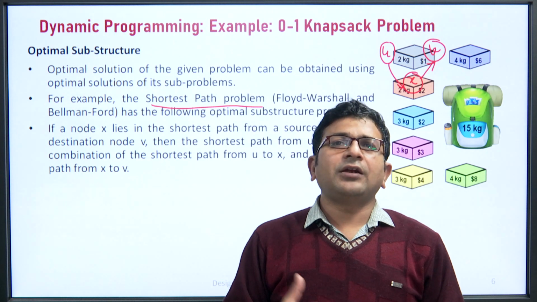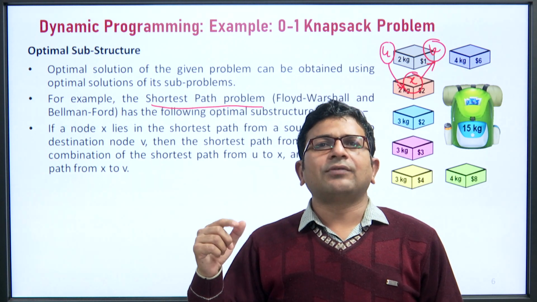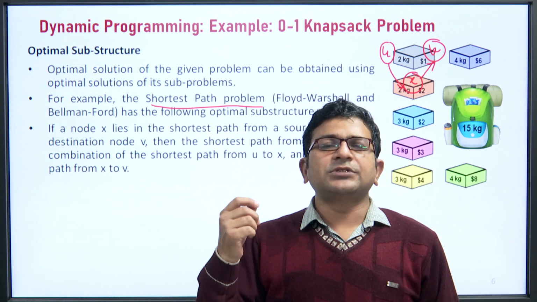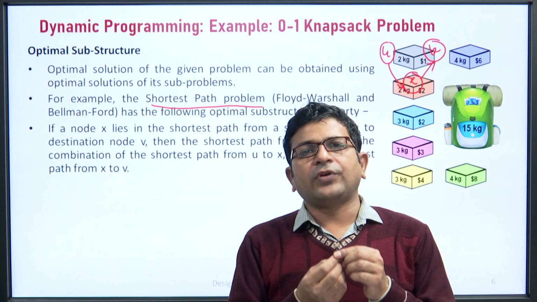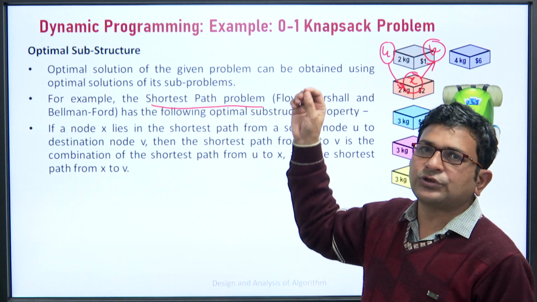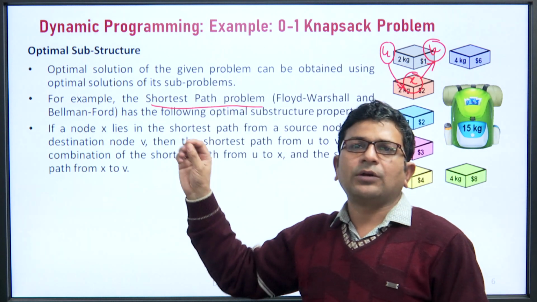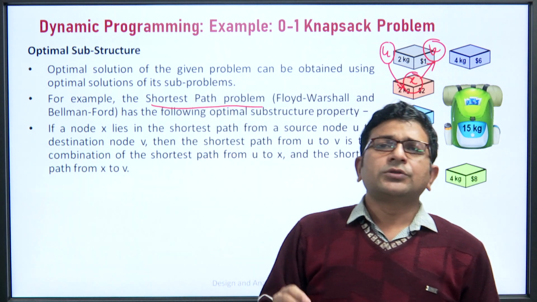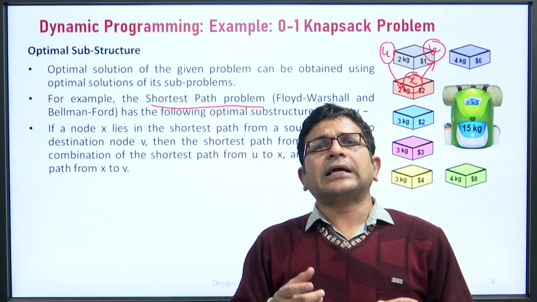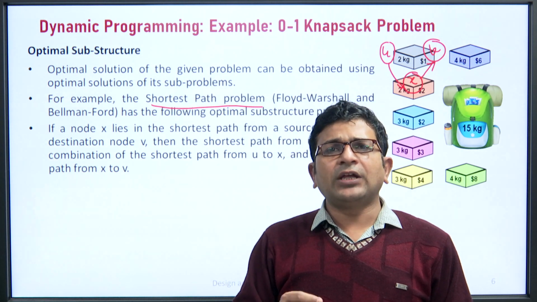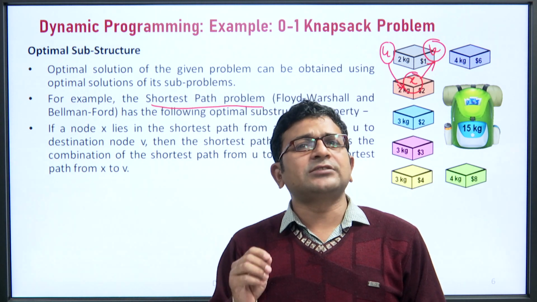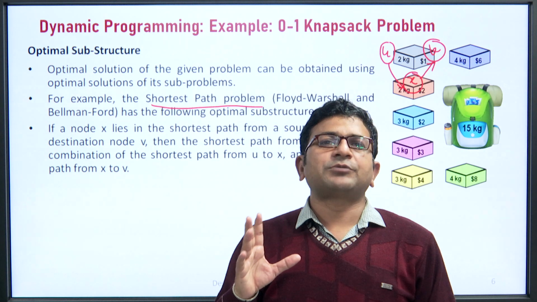Now, we have n number of items, I0, I1, I2, I3, up to In, and each item has two main properties, its weight and its corresponding value. So, the problem is, we need to find such a subset of all the items that we can keep in the knapsack, so that the knapsack can have maximum value. That is what the knapsack problem is.